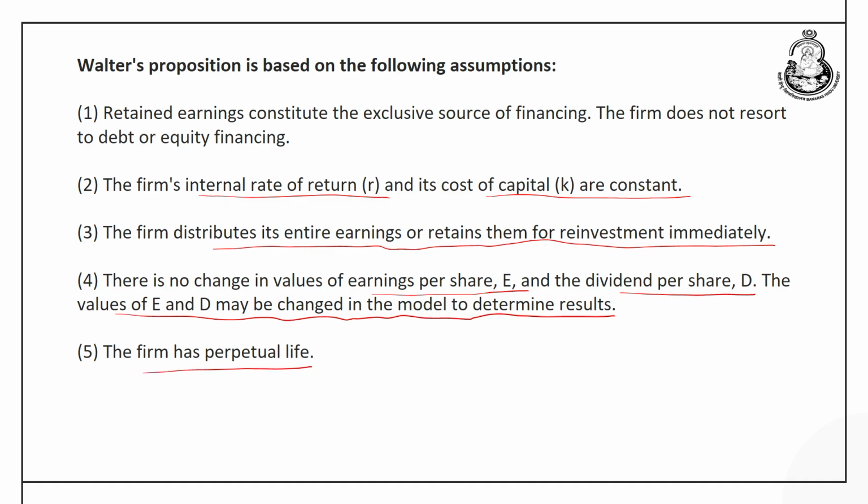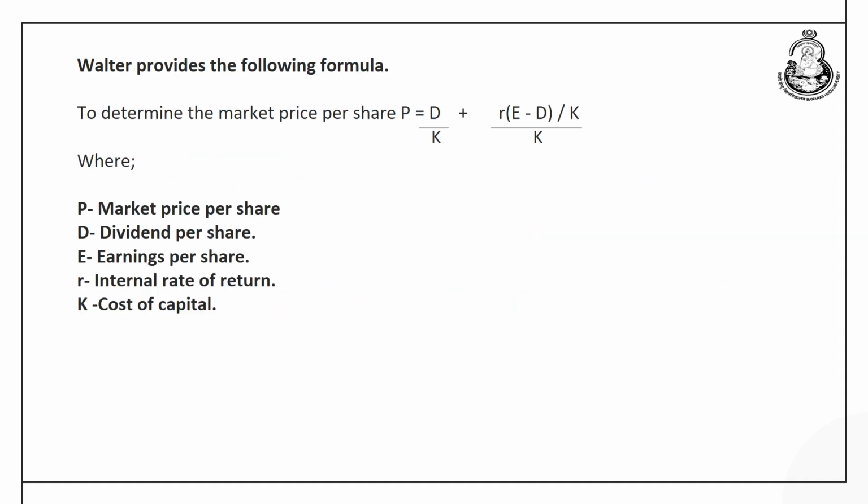Let us find out in what way the assumptions have supported Walter to prove that there exists a relationship between the dividend policy and the valuation of the firm. The formula is: market price of the share, P, is equal to D upon K, that is the discounted value of dividend, plus R multiplied by the difference between the earnings and the dividend paid, divided by cost of capital.